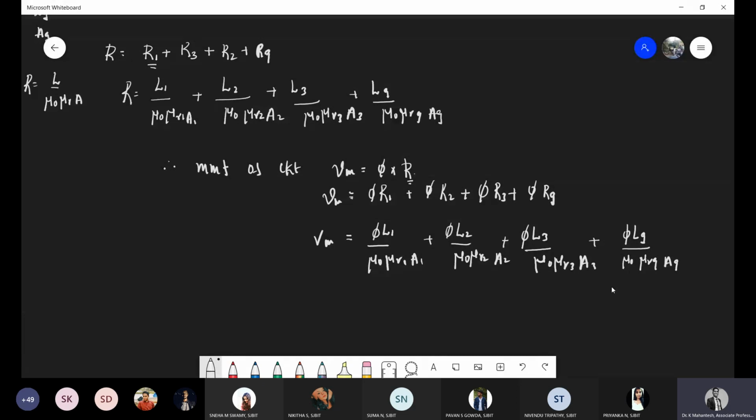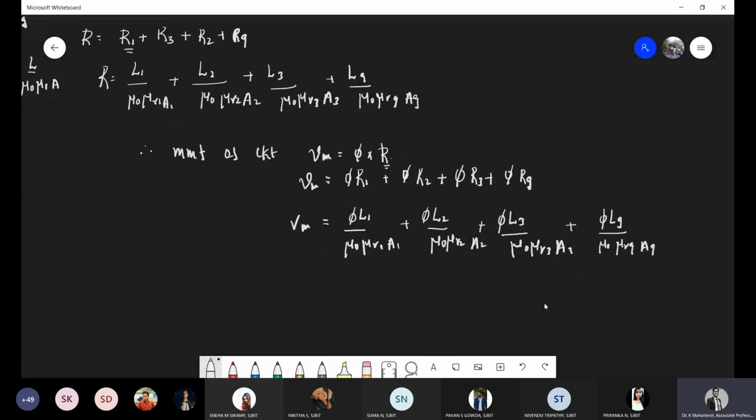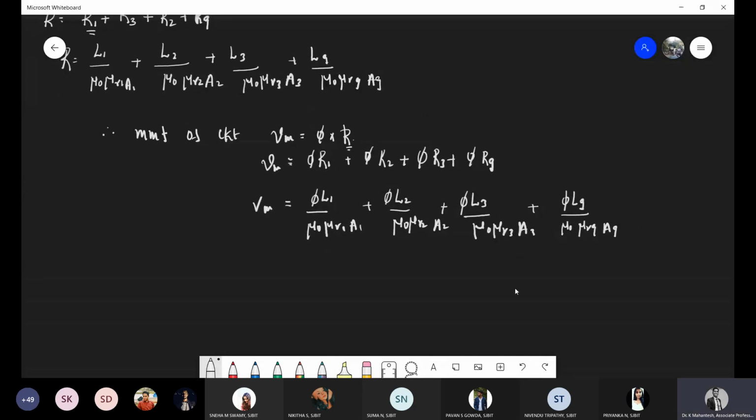But now if you carefully observe the equation, I have a phi by A term in each of the reluctance values. So what is phi by A? Is it flux density? B is equal to phi by A. Yes, guys?